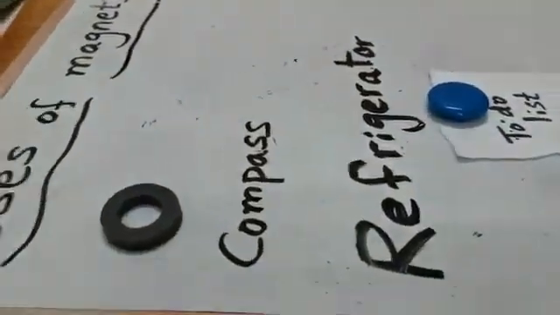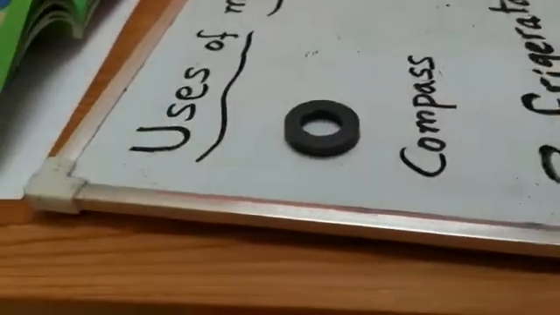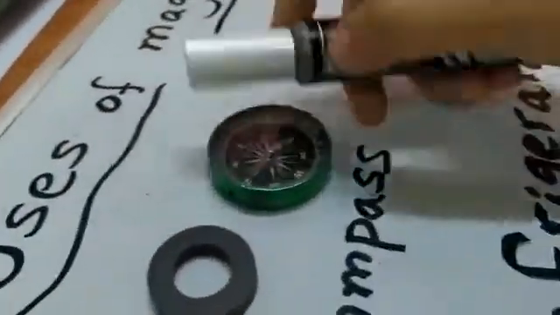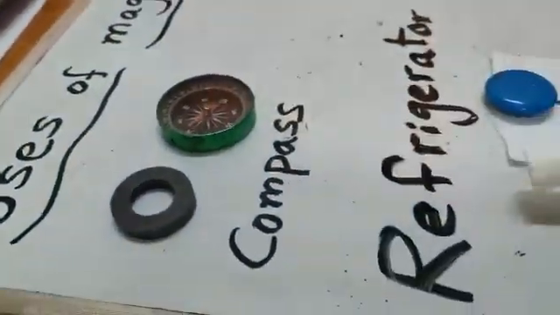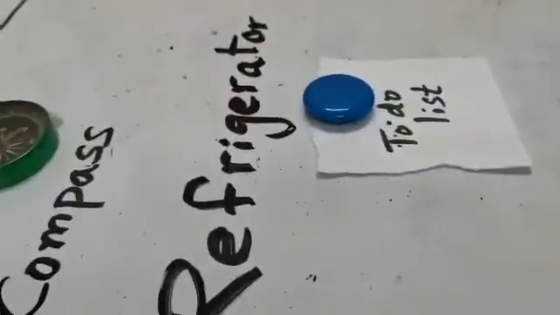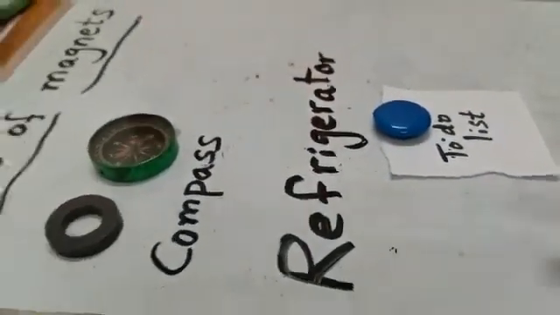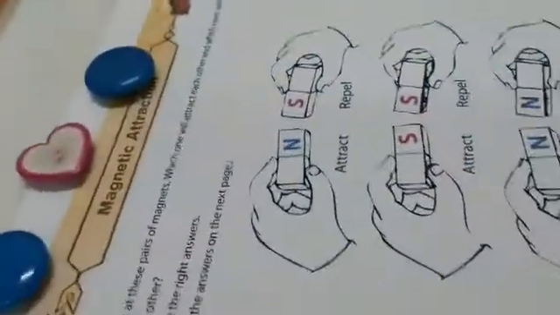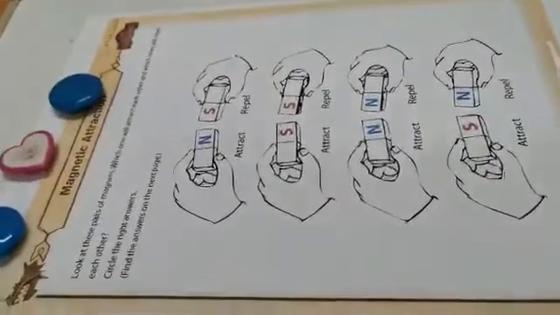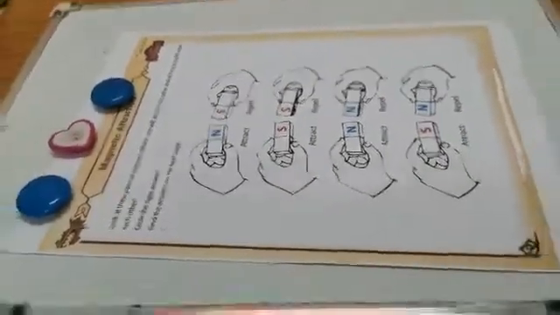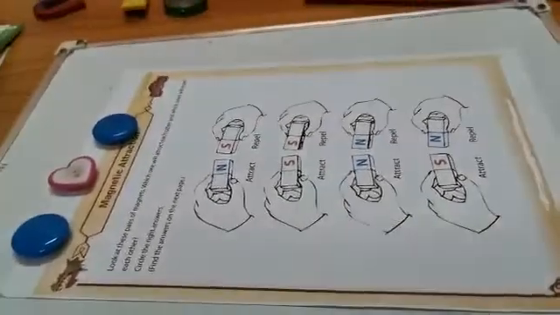Some of them I showed you, and the important one is the compass. Then keeping the to-do list notes on the refrigerator. Then again, as I told you before, on the board, the worksheet or anything, you can keep it on the board. So these are some of the uses of the magnet.